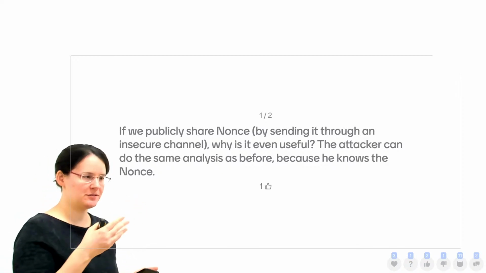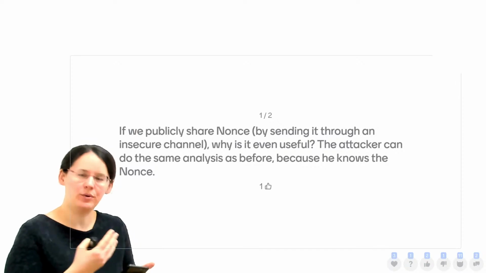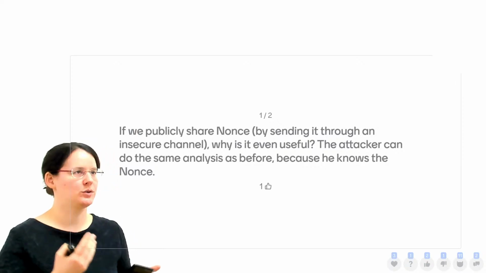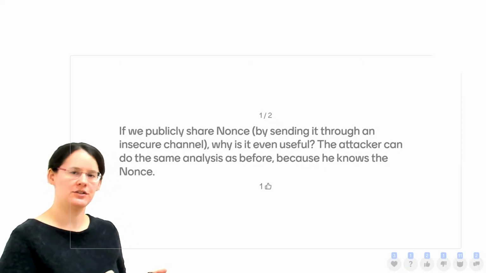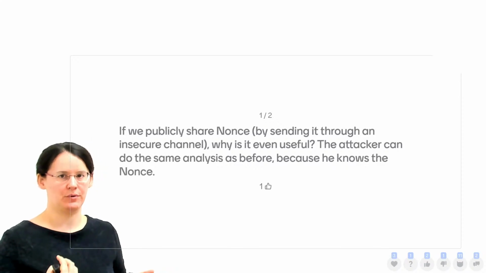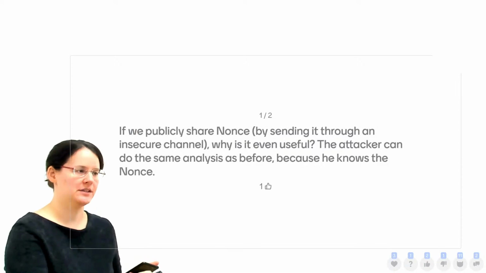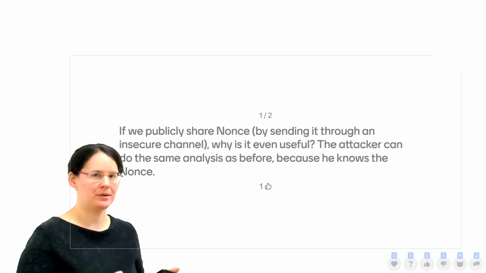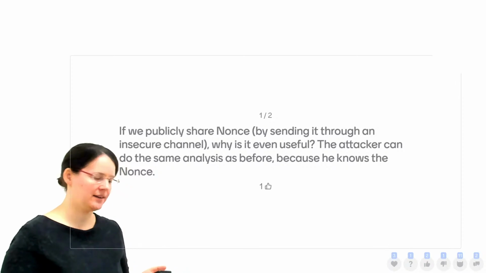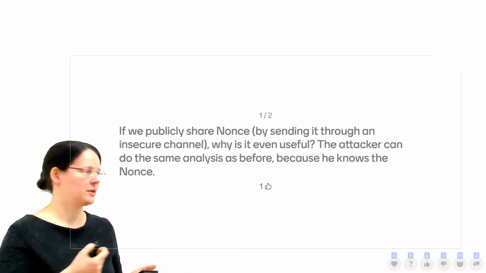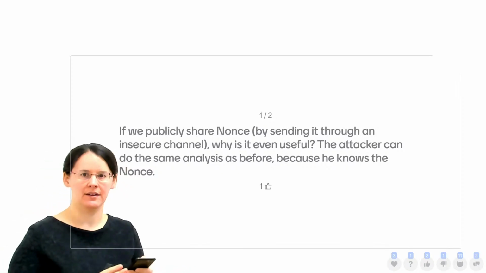So they see the nonce, but it's a useless value to them. They can't do any computations with it that would tell them whether the message that was encrypted is the same as before. So it doesn't add security in the sense of the secret key, that you have more key material, but it really only serves to hide patterns and repetitions because the ciphertext is going to be different.